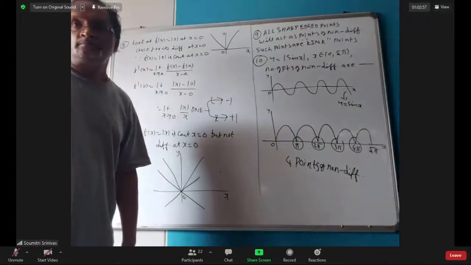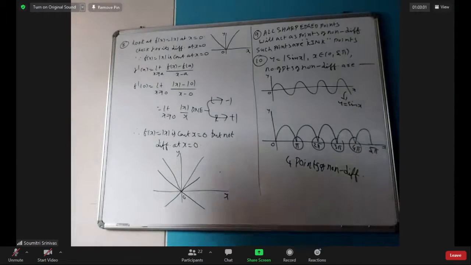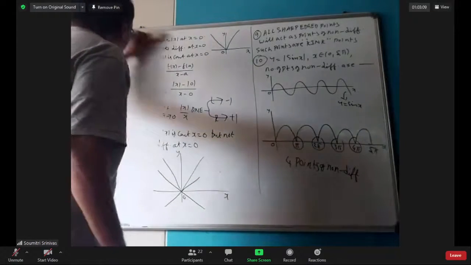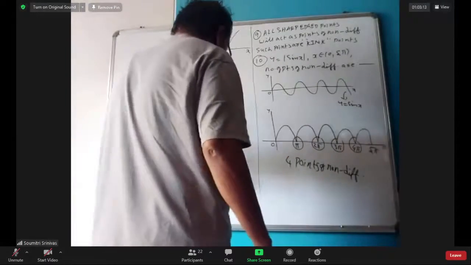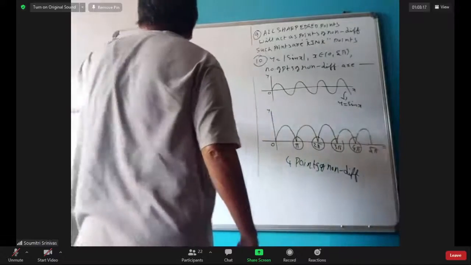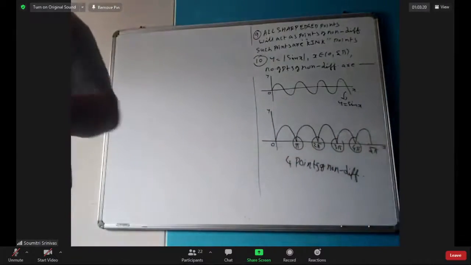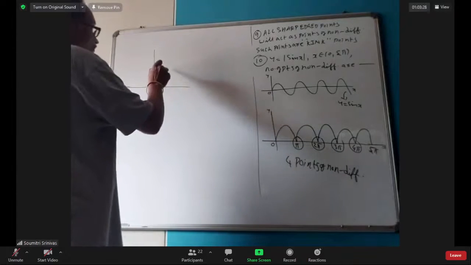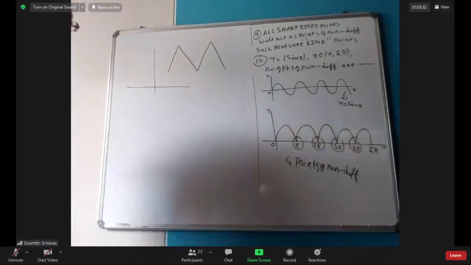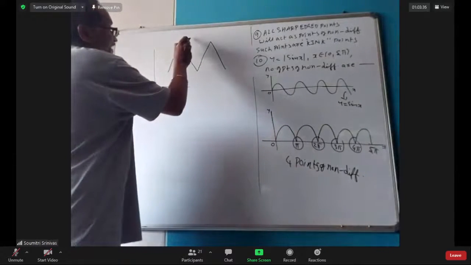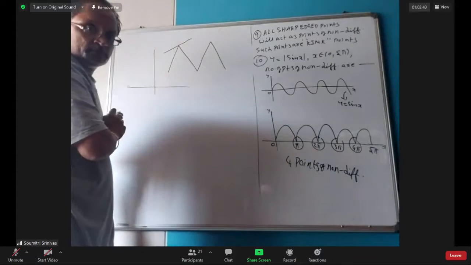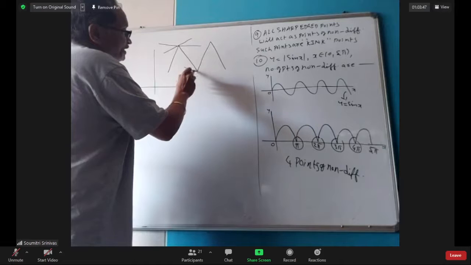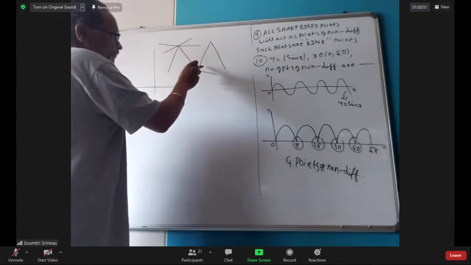Sir, can you please do it on the left board? Is it visible? One tangent, and another tangent, and another tangent. I will draw only two; if I draw more than 2 or 3, the figure will become hazy.